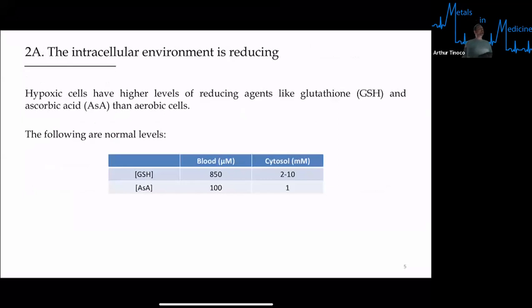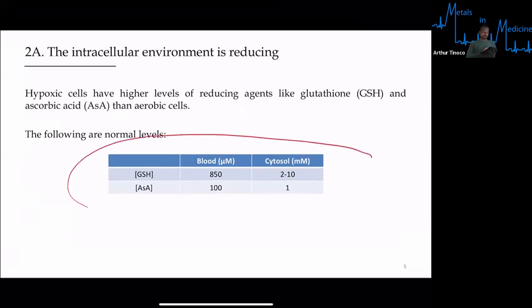All right, so I've talked about this previously: in general, the intracellular environment is reducing. That's why I bring up the point about the physiological values of certain metals and their oxidation states. Hypoxic cells have higher levels of reducing agents like glutathione and ascorbic acid than aerobic cells.